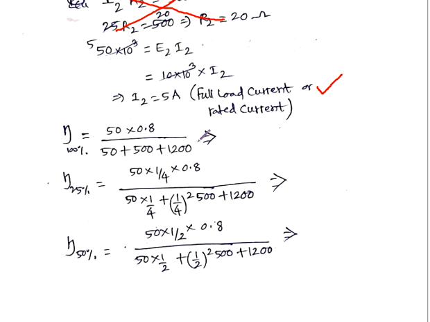If you solve this, you will get the value of efficiency at 100%. Similarly, we can get the efficiency at 25% as well as 50%. You just need to substitute the x value. For 25%, x is 1/4. For 50%, x is 1/2. Like this, you can get the efficiency values at any loading condition. Thank you. This is all about the problems based on the efficiency concept of a transformer.